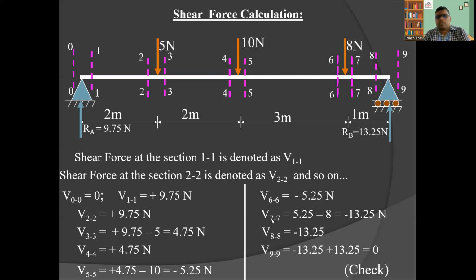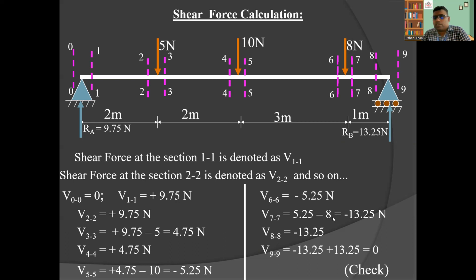So next, considering the shear force at section 7. The previous value we can take as it is, and the next load is a new load, which is 8 Newton.